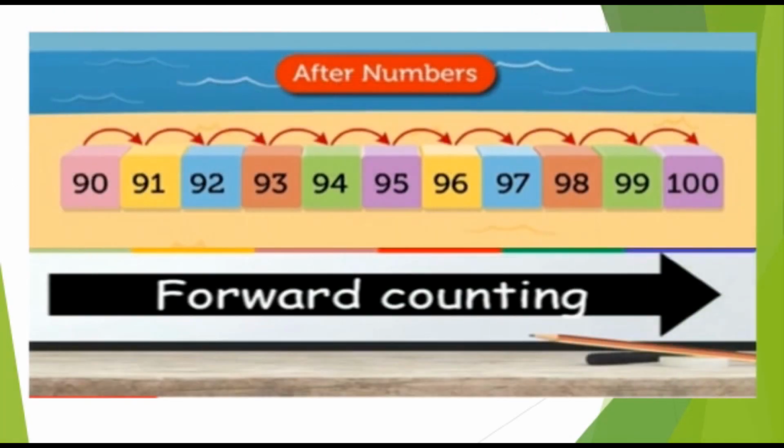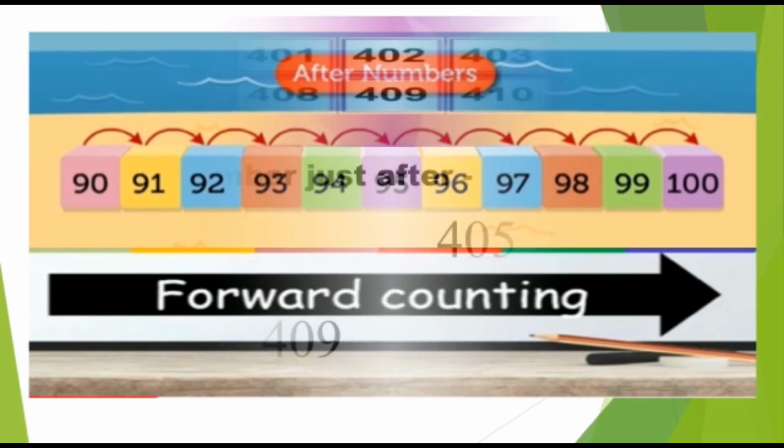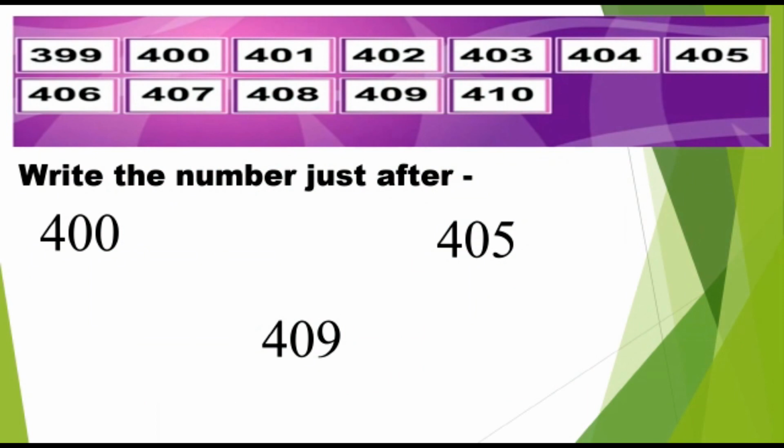After numbers. When we count forward from a given number, we get the numbers after. With the help of the number strip above, write the after number, which means the next number. 400. What number comes after 400? If we check the number strip, after 400 we have 401. 405.